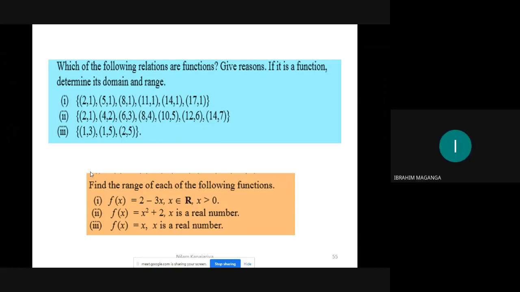For the first one, it's a function. The domain is 2, 5, 8, 11, 14 and 17, and the range is 1. Very good.